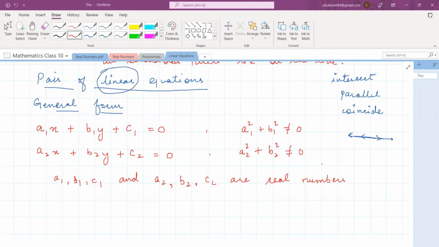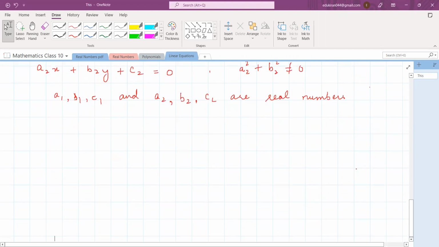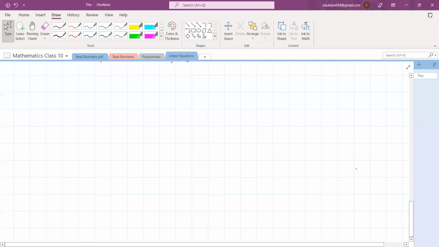Now let us look at the first example. We will try to understand with the help of examples. The concept should be very clear in your mind, then only you will be able to do the questions. That is why I'm also taking up examples. Example 1 is actually from your book only.